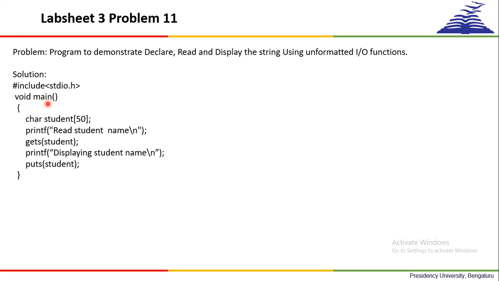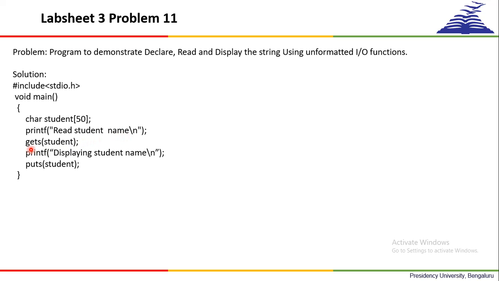Void main. Inside this, first you need to declare the character array. Student is the character array name, and we can call it a string variable, and the size here is 15. The objective is to read the name of the student. So printf for displaying the message, because we cannot display using this, so printf displays the message read student name.